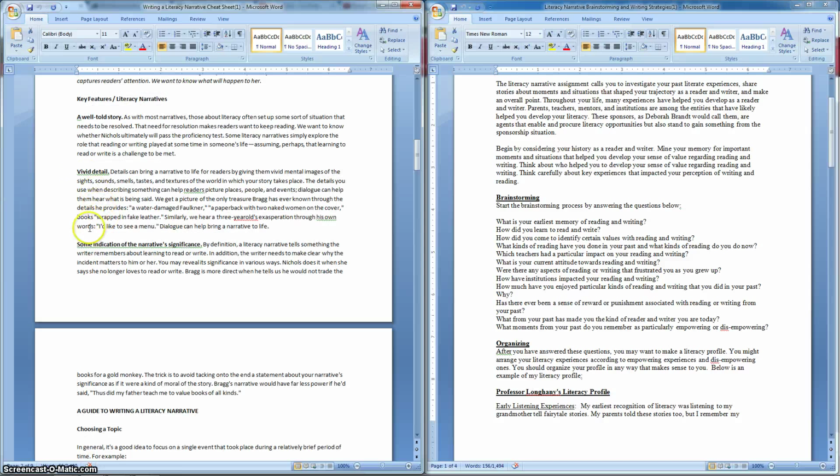Also, make sure you tell me why this matters so much. So, for example, maybe gaining this literacy through whatever experience has changed the way you look at the world, right? Maybe you volunteered at a soup kitchen, right?